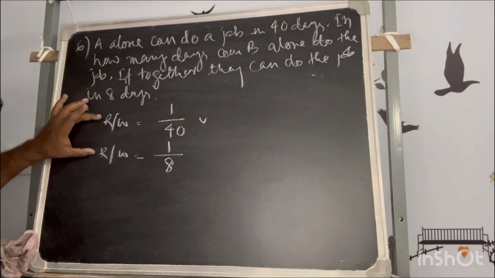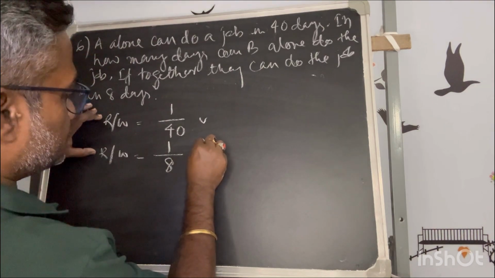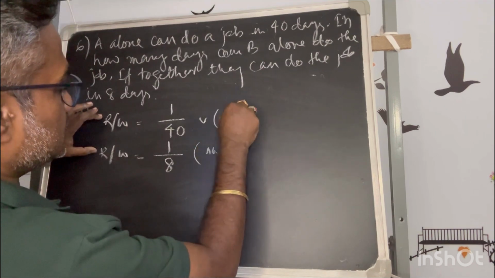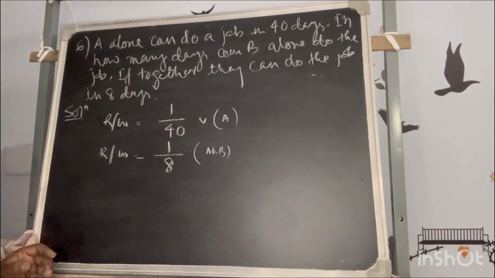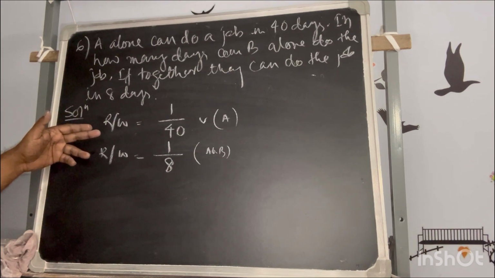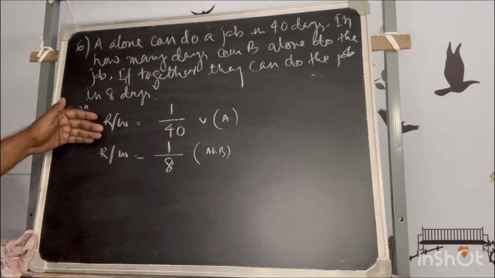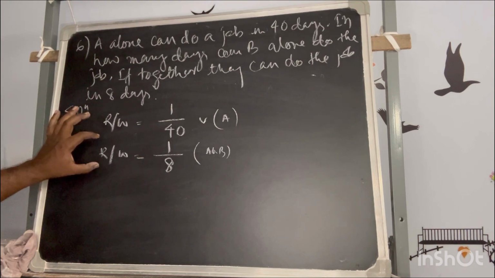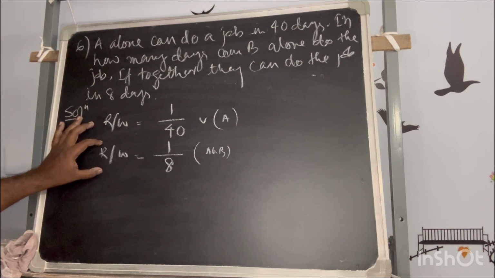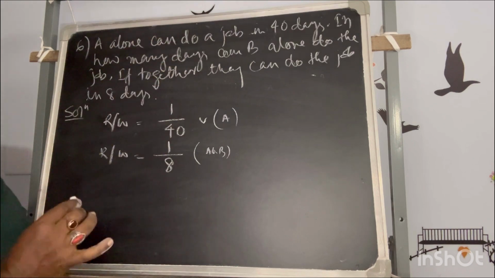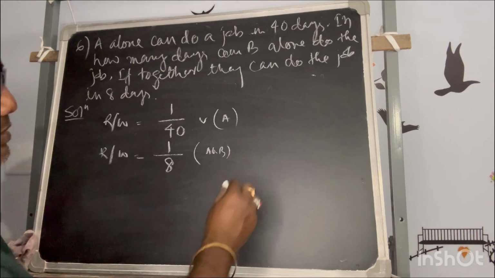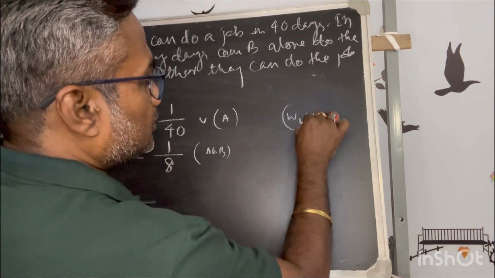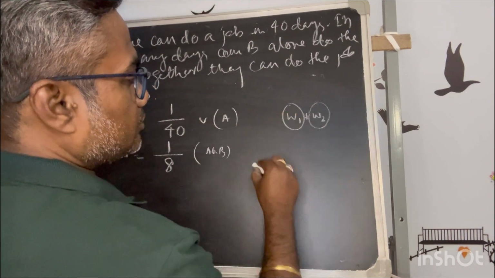So the rate of work together means while A and B are doing it together, and this is only while A is doing. So is it not possible that if I deduct this from this, it will give the rate of work of B? Definitely yes. So the work in a day is divided into two parts. One part A is doing, one part B is doing.